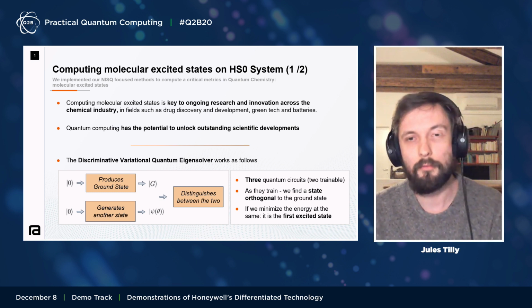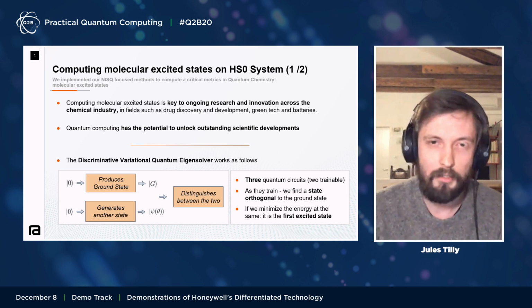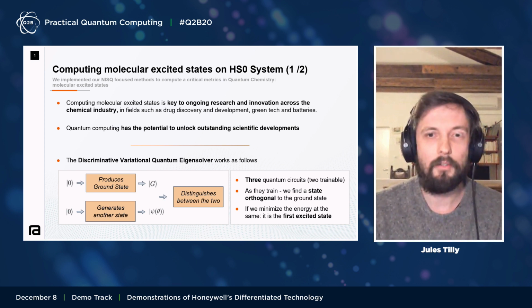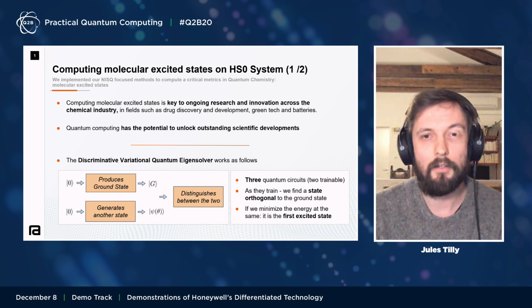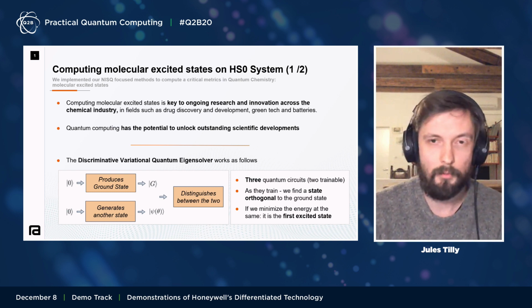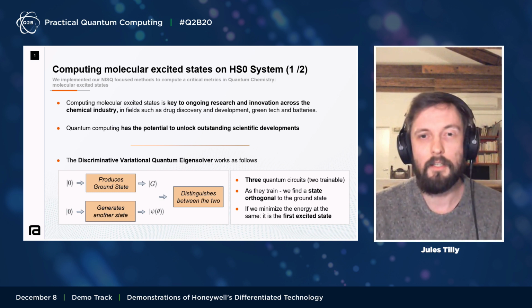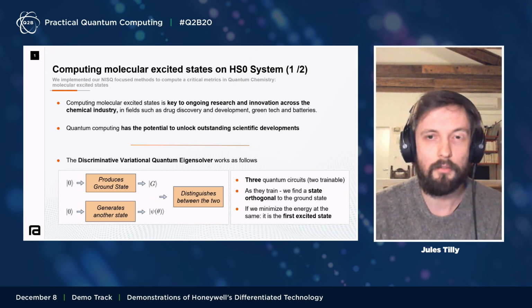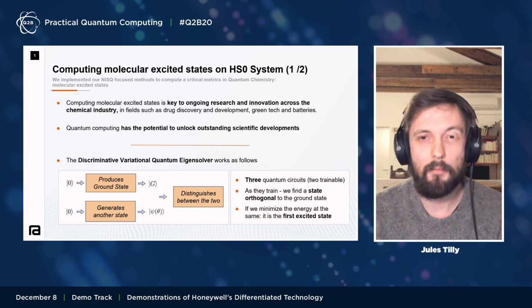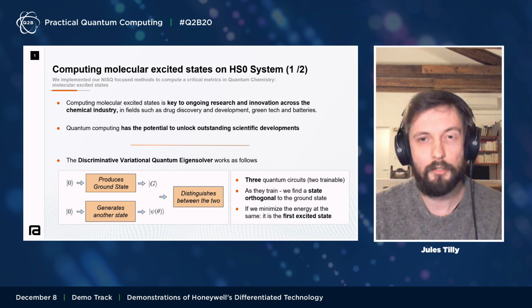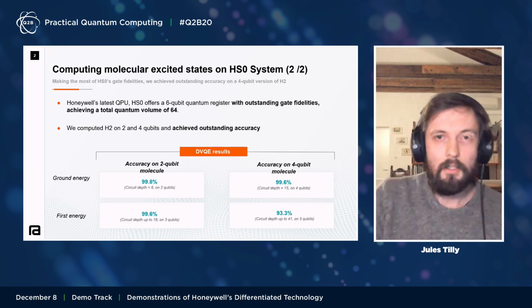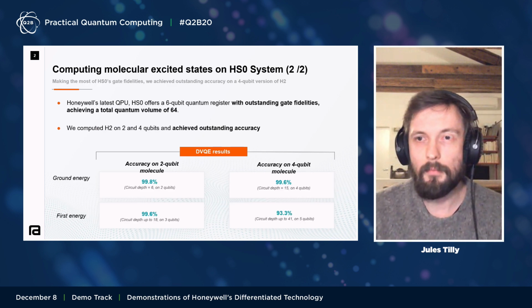Following the rules of quantum mechanics, it can only perfectly distinguish between the two if the states produced by the first circuits are orthogonal to each other, so their overlap is 0. That means that if we train all these circuits together, and at the same time minimize the energy of the state produced, we can obtain the first excited states of the molecule. It's very convenient because it runs on quantum computers today.